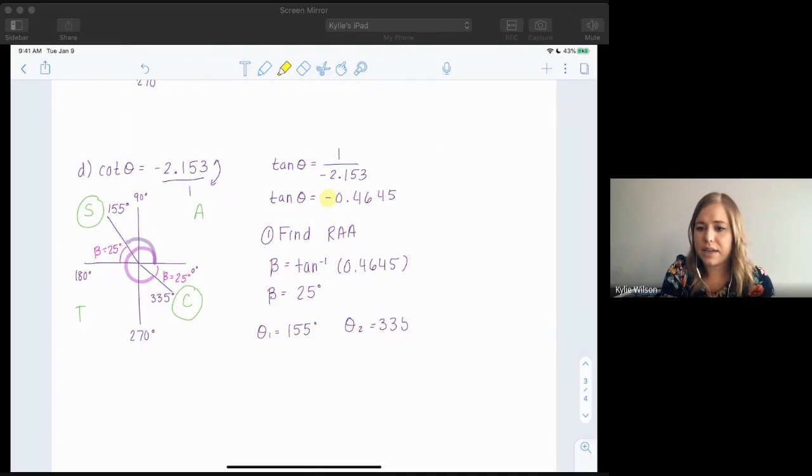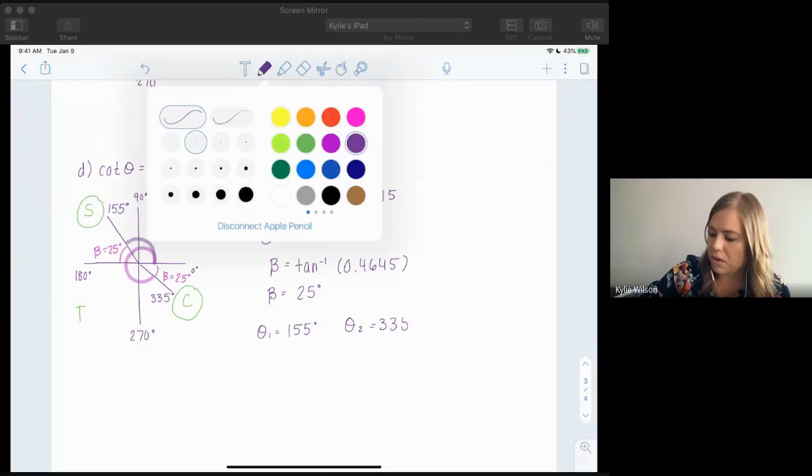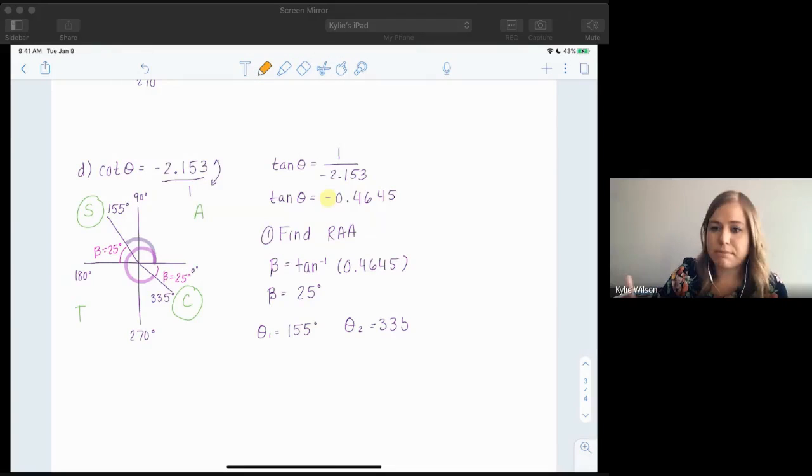Ethan had a question. How are you supposed to know when to add and subtract? Because my values are always measured from my x-axis, I want to look at this in terms of the whole picture.